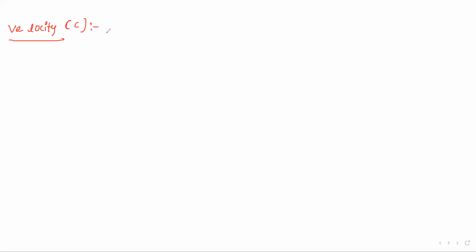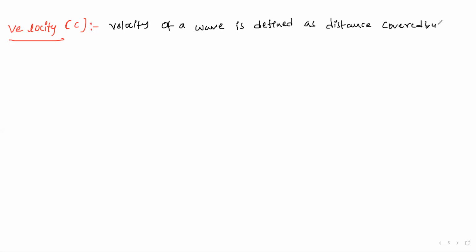Velocity of a wave is defined as the distance covered by a wave in 1 second.